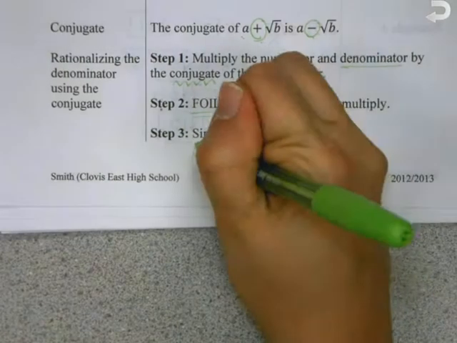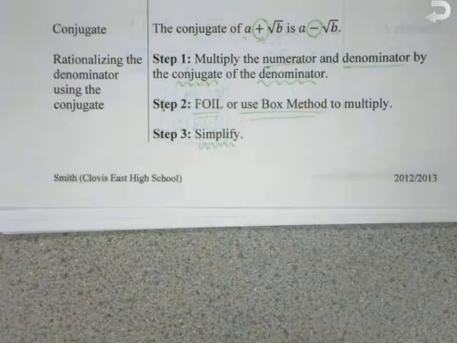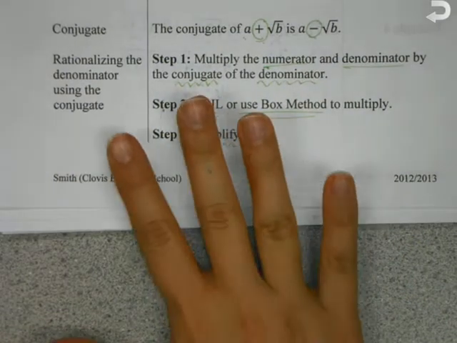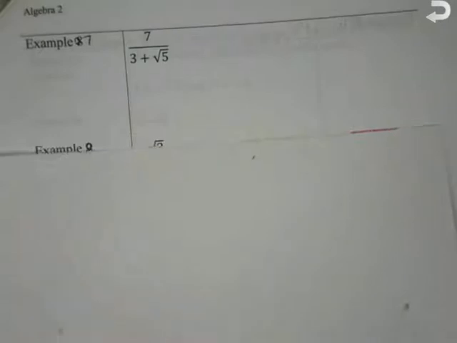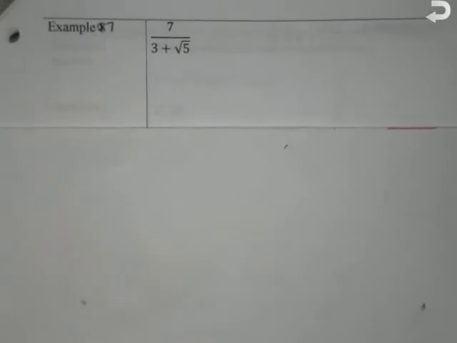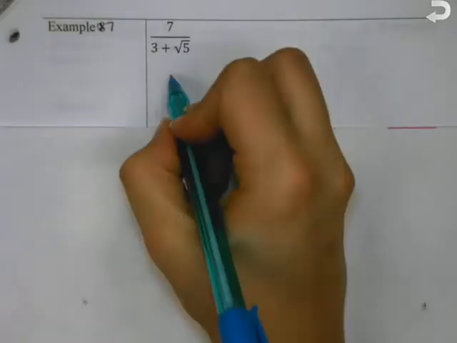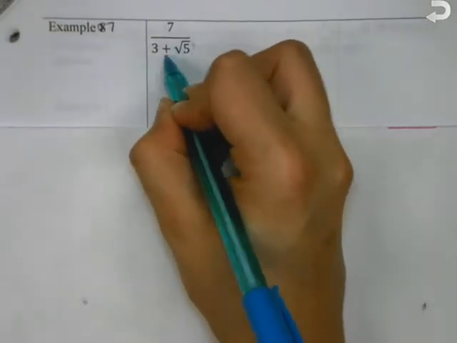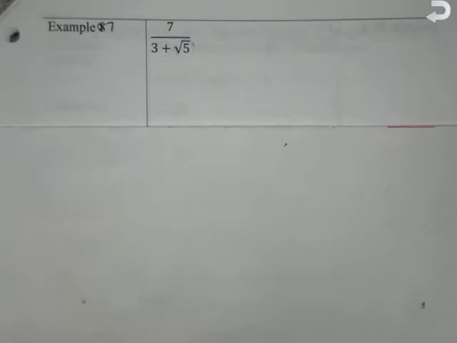All right, so example 7. We have 7 over 3 plus root 5. So I still have a root in the denominator, but this time it's being added. So I can't just multiply by square root of 5. I need to change that entire denominator. So I'm going to multiply by the conjugate.